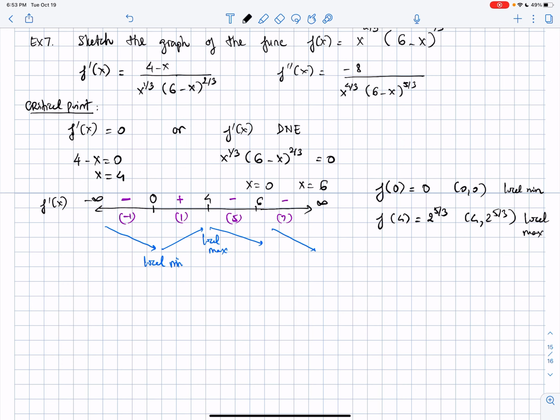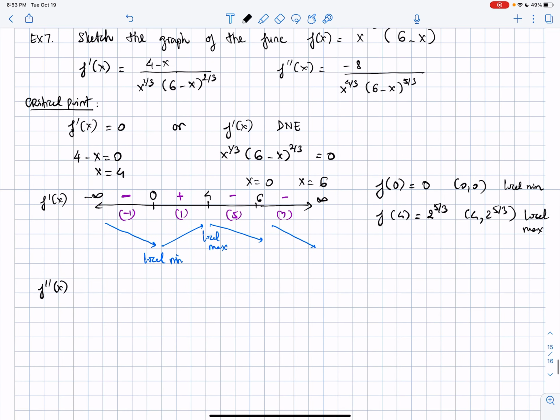Now we discuss concavity. We take the second derivative and set it equal to 0.